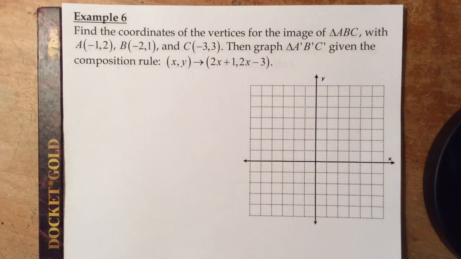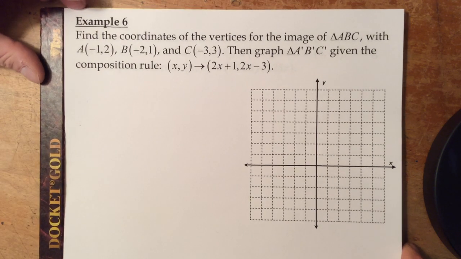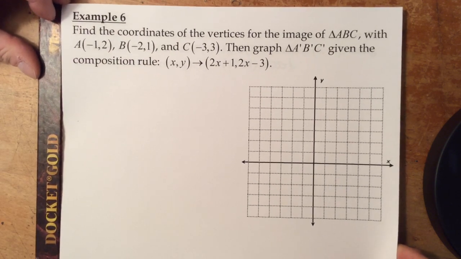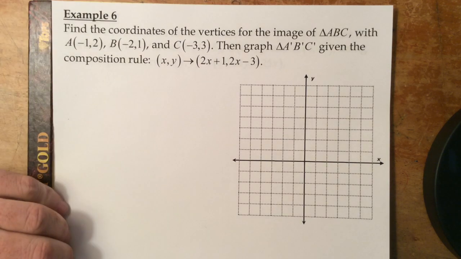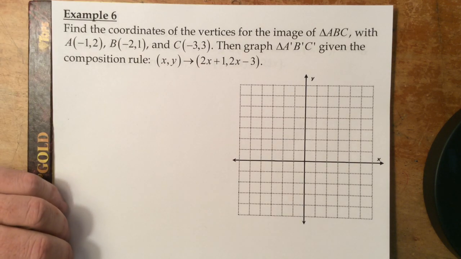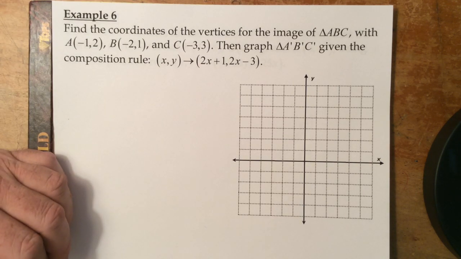Example 6. Now, compositions can be done in a certain order like we did earlier, or they can be done all at one time. Here's one that demonstrates how a composition can be done all in one rule. Find the coordinates of the vertices for the image of triangle ABC with A at -1, 2, B at -2, 1, and C at -3, 3.